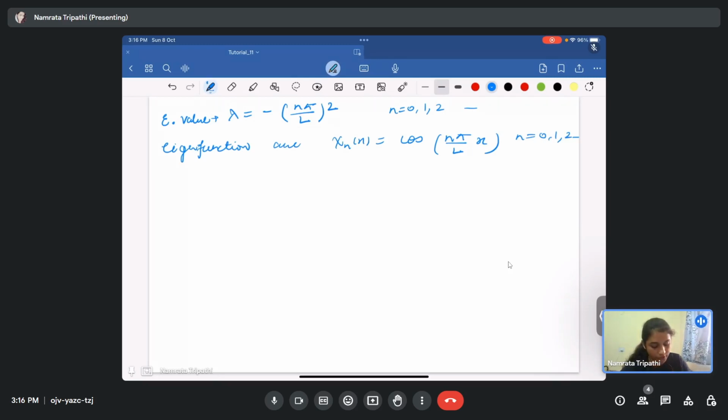Now, for this eigenvalue, we have to solve for Tn also.